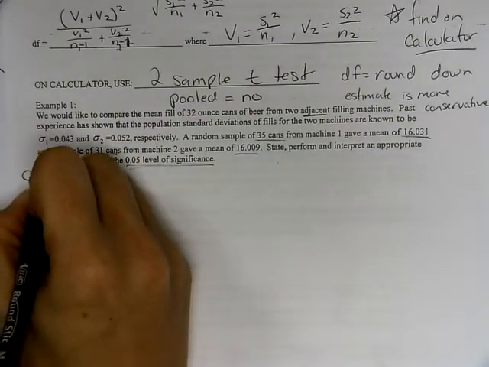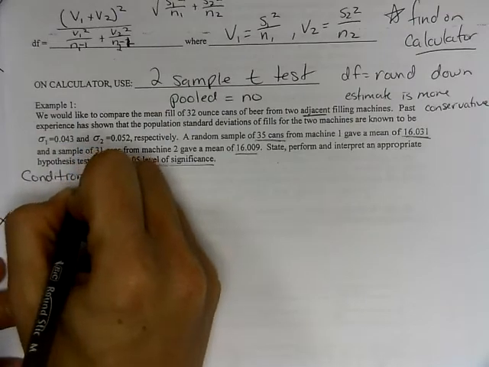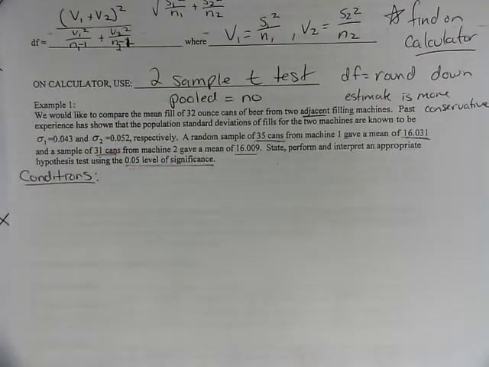Okay, so let's start with our conditions. Do we have both random samples and they're independent? Machine 2 didn't have a random sample, but machine 1 did. They're independent because they're two different machines. So that's that independence there.